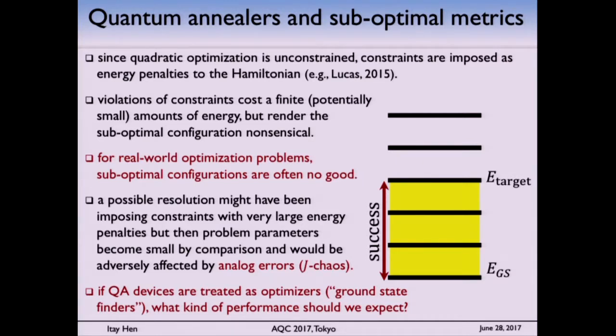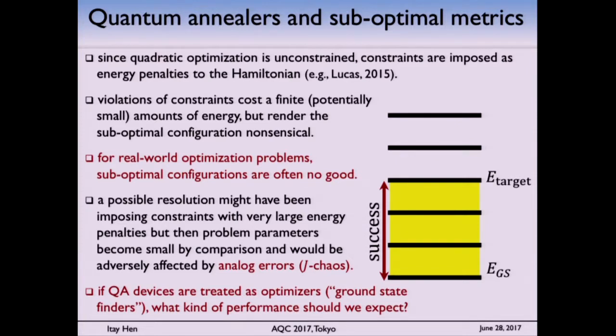For example, for planning, if I get a really good configuration with really good energy, but 2 tasks appear at the same time where they shouldn't be, violating a constraint, then there's really nothing I can do about the configuration. It's basically nonsensical in terms of the problem. And so I would like to claim that for real-world optimization problems, generically at least, suboptimal configurations are not really what we're after.